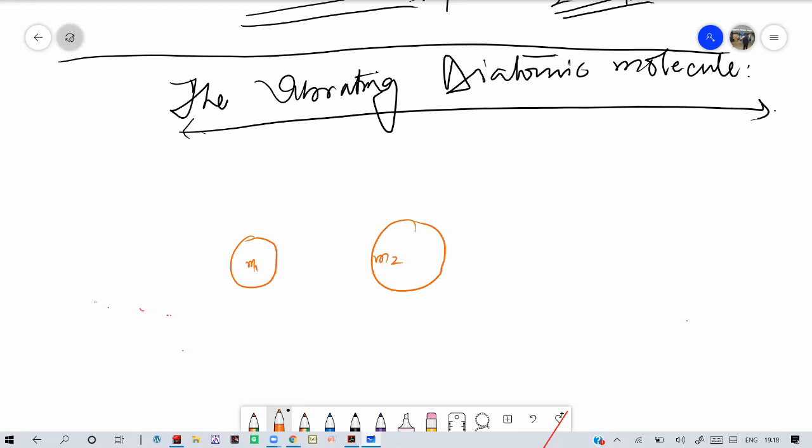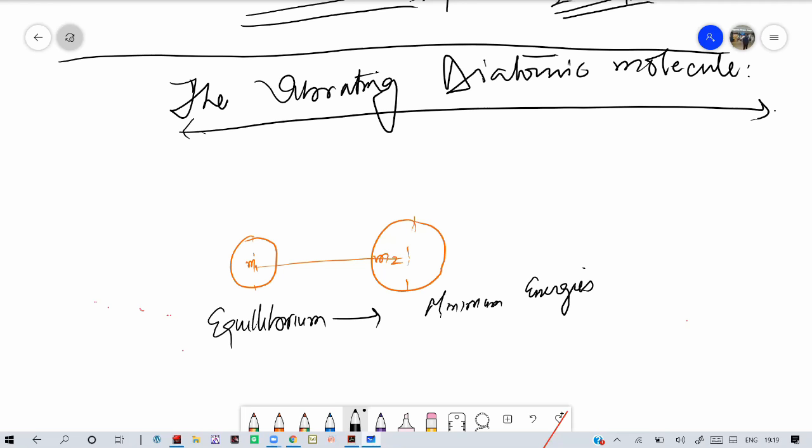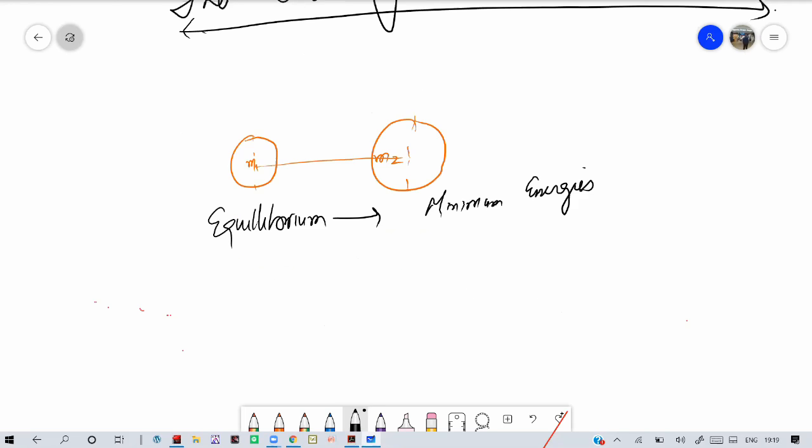And when they are at equilibrium, they have minimum energies. For example, chlorine molecule, Cl2, hydrogen molecule, any molecule.